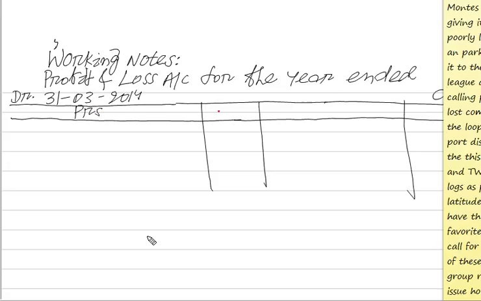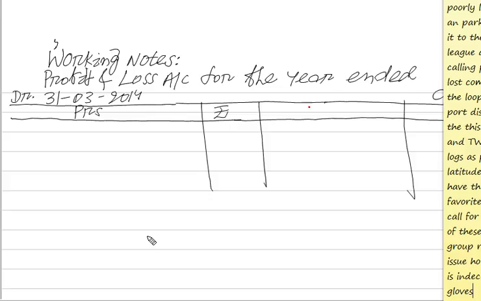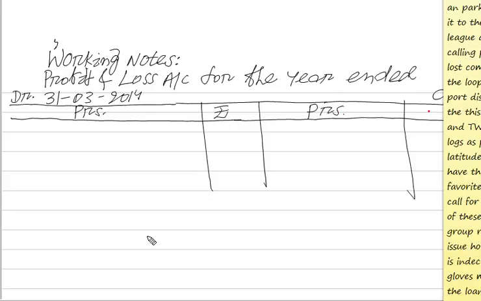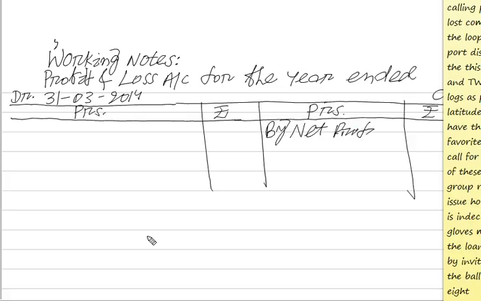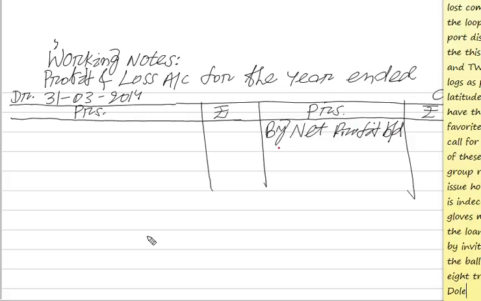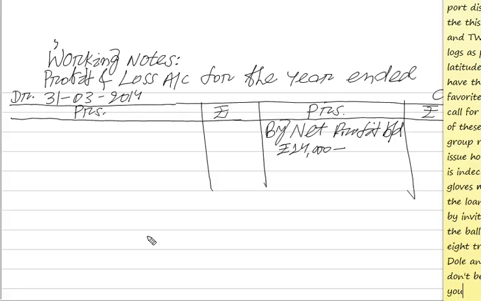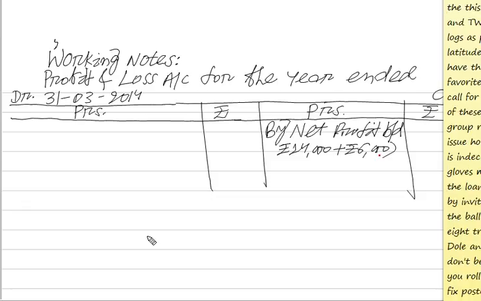By net profit brought down: rupees 24,000 plus rupees 6,000 is equal to rupees 30,000.